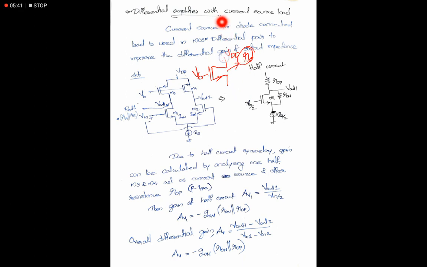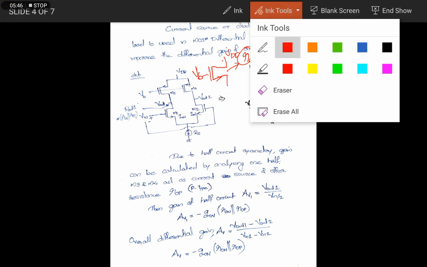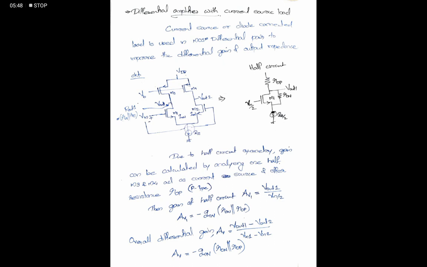So in the differential amplifier with current source load, the circuit is exactly the same as the normal differential amplifier, except the load RD, which we replace with a current source. A current source is nothing but a MOSFET with a fixed bias. Note that here it is PMOS, and here it is NMOS.